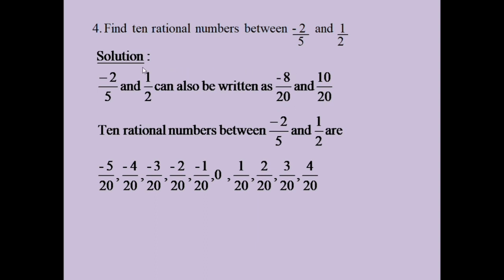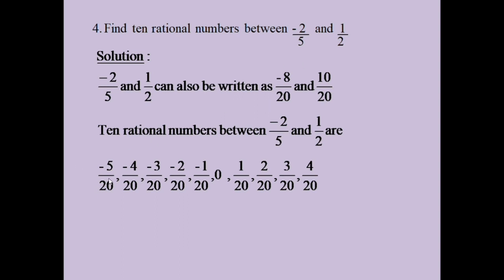In the same way, in place of 2 we need 20 as the denominator. So I have multiplied here 1 by 2 into 10 by 10. So I have got the answer as 10 by 20. 10 rational numbers between minus 2 by 5 and 1 by 2 are the numbers between these two rational numbers.